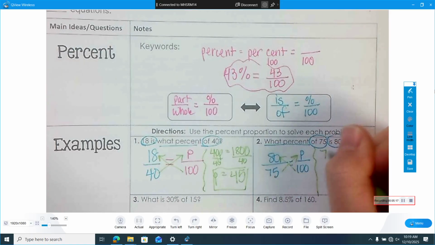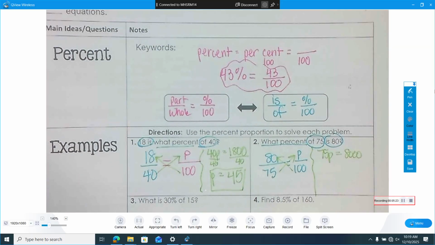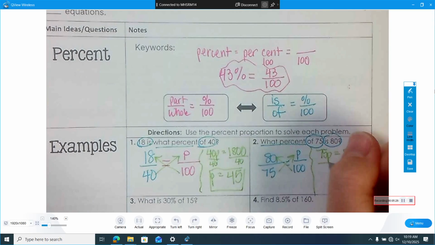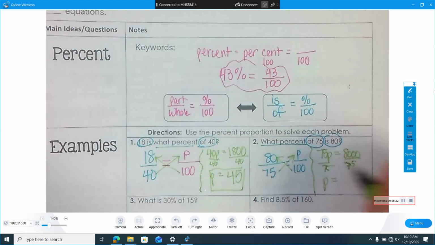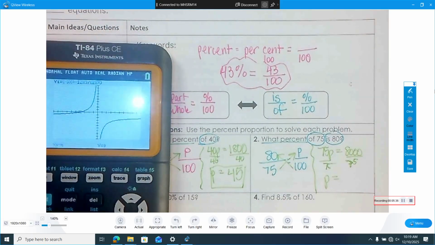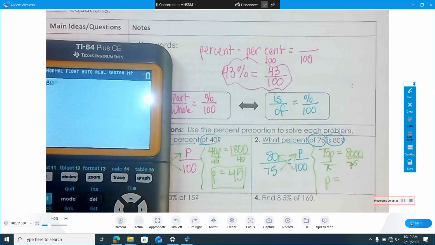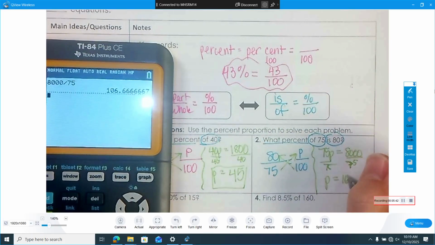75 times P is 75P equals 80 times 100, which is 8,000. And then we need to divide by 75. So easy. So P equals 8,000 divided by 75, which is 106.6 repeating.